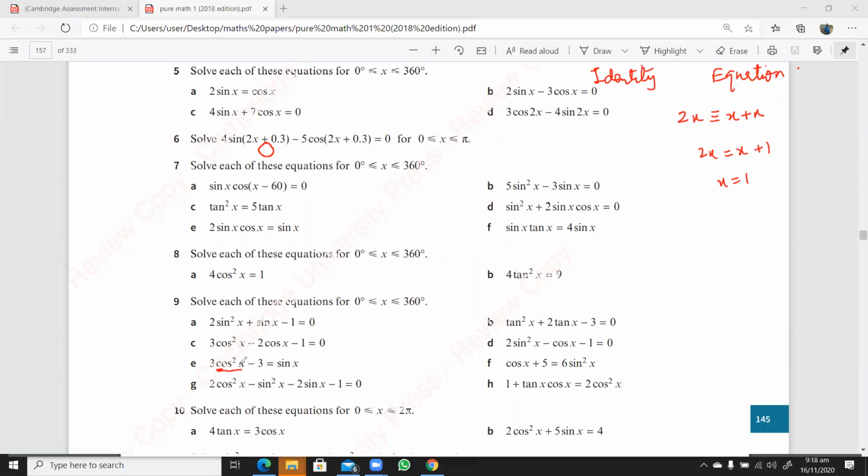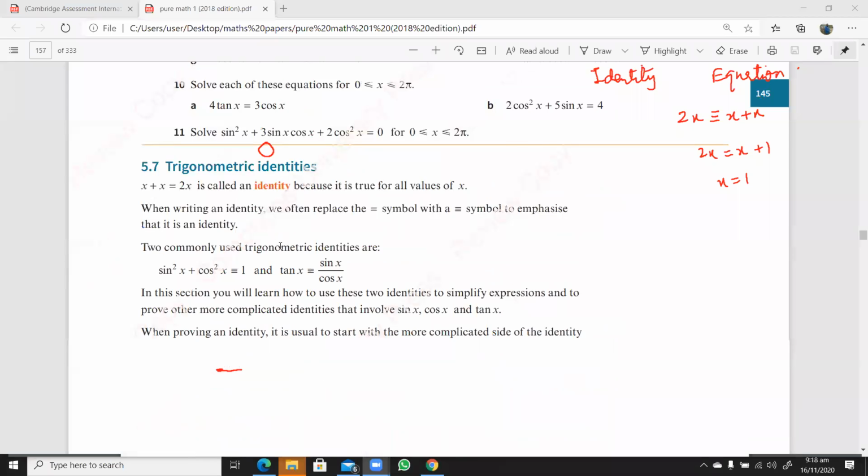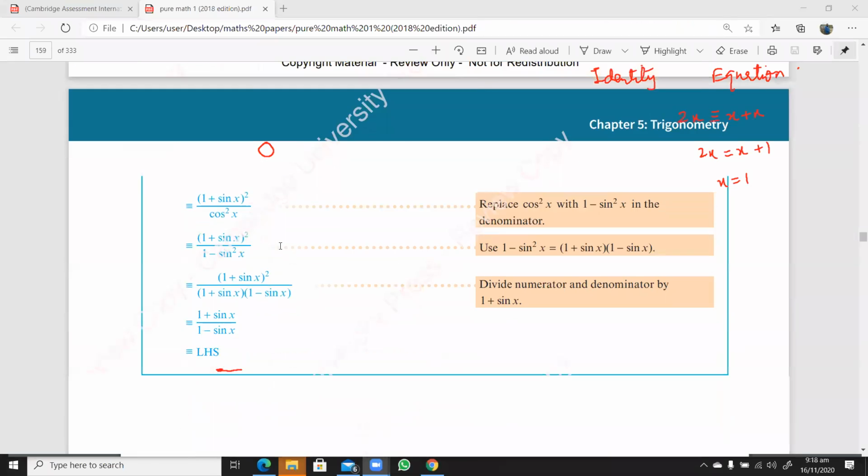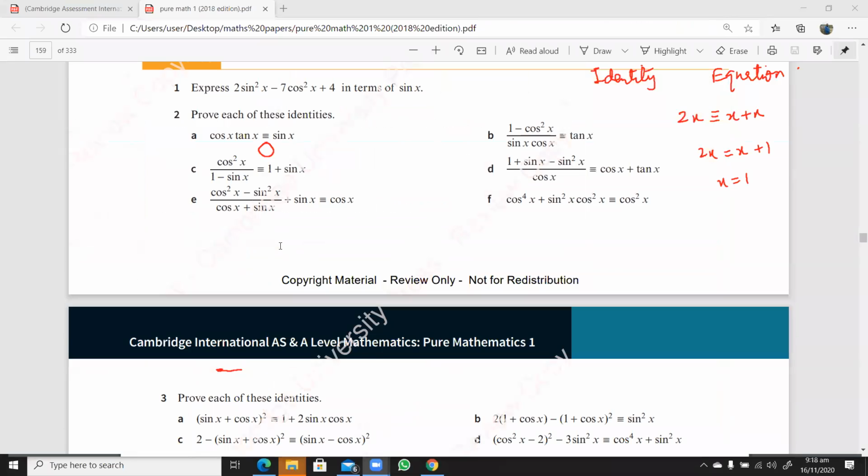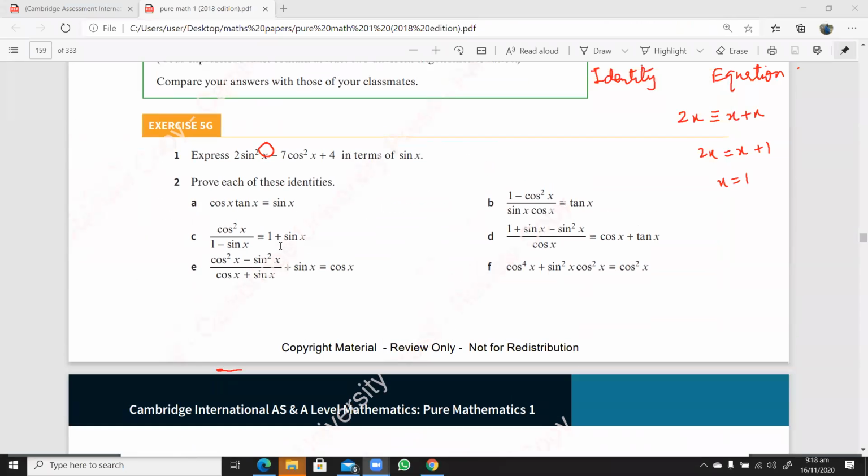And then you have all this equation only in terms of sine x. So that is what we mainly do in identities, where we have to show one side of the identity to be the other side of the identity. They're normally known as the left hand side and the right hand side, okay?